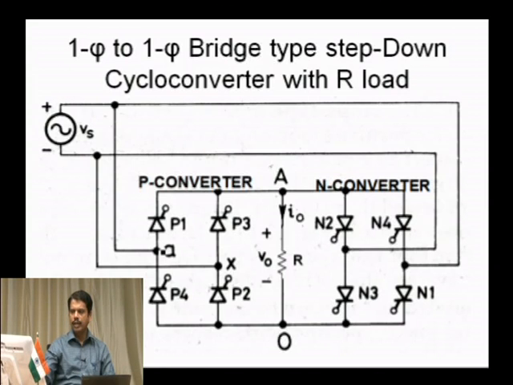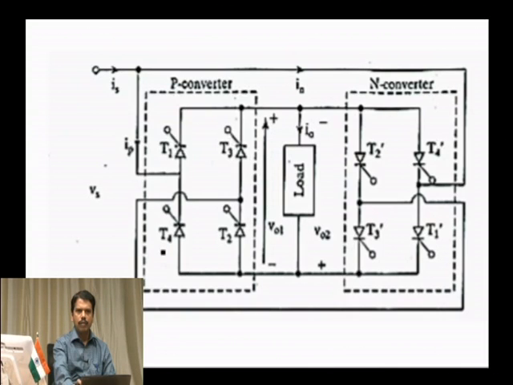So, the P converter will be on for time T naught by 2 and the N converter is on for a duration T naught by 2. So, we will get an output frequency that will be less than the input frequency. So, it is a step down converter. You can see the waveforms.